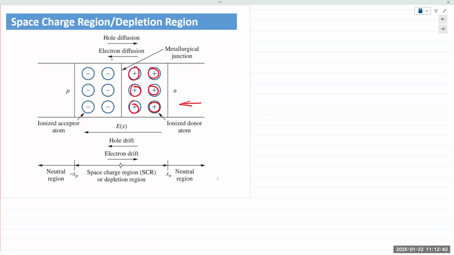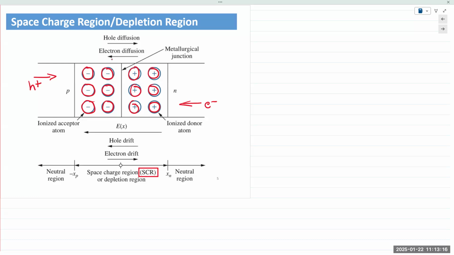They are fixed in place. The same thing happens on the p side. We have holes that diffuse through the junction and move over to the n side material, leaving behind ionized atoms with negative charge. And so this creates a region of charges known as the space charge region, SCR.